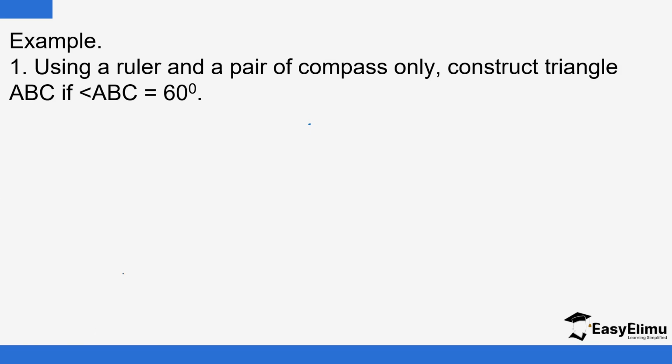So if you want to construct a triangle, you'll do this. I'm assuming P is here and Q, maybe this could be 5 centimeters. So Q is there. So this is given as ABC. So this is A and this is B. So if you are given that ABC is 60 degrees, then it means we are constructing the angle 60 degrees at point B. So you have to construct it here.